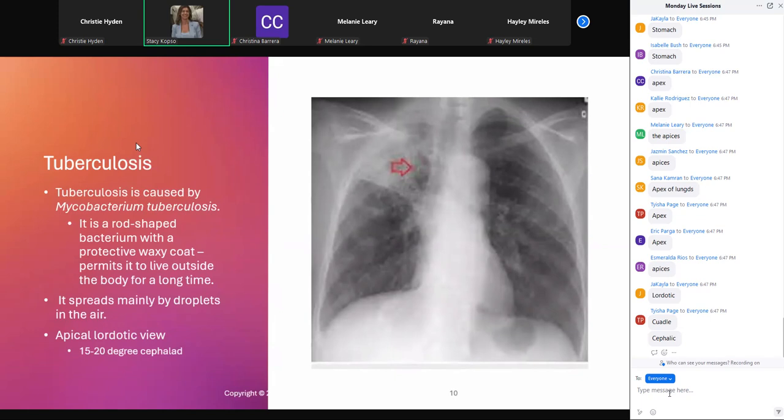What if the question on the test says the patient is in a PA and you want to do apicolordotic? Would you have to change anything?